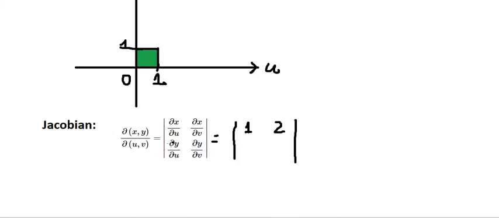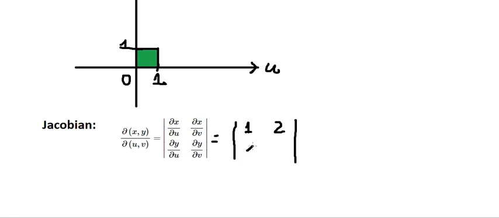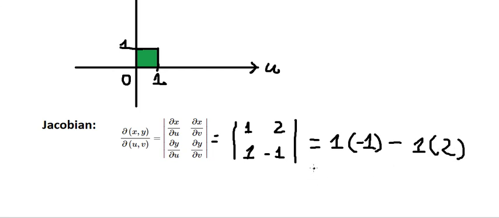First the derivative of the function of y with respect to u. So that's u in here. So you got 1. And the last one is negative number 1. This is the matrix. So this one that we multiply by negative number 1 minus number 1 multiplied by number 2. So we calculate this one, and we got negative number 3.